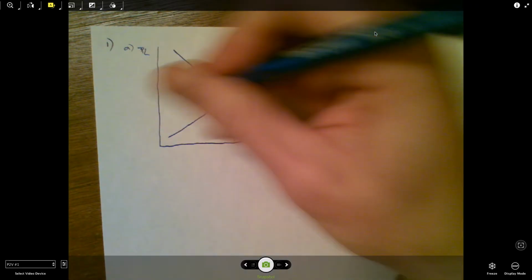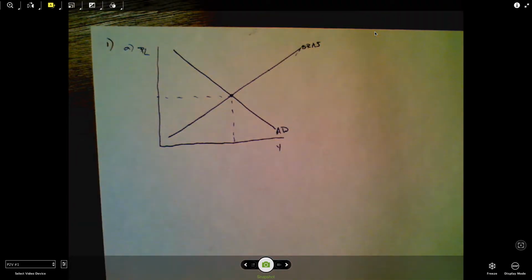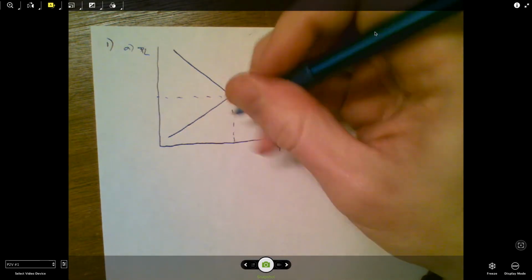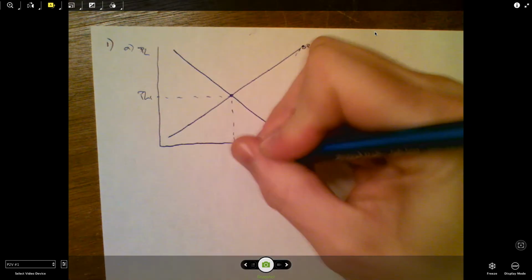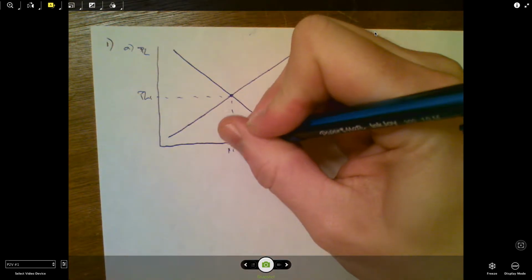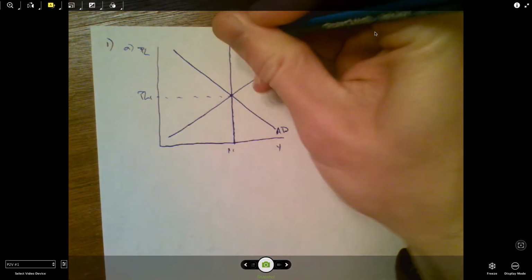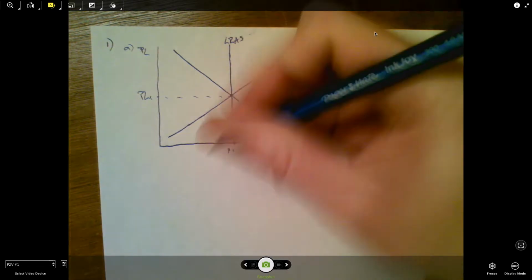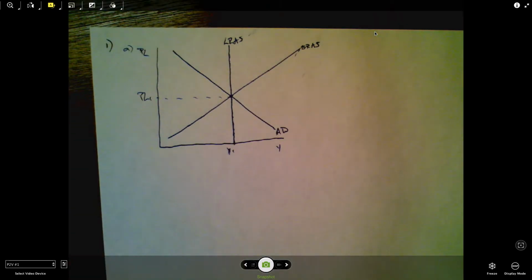Here is our equilibrium. We got PL1 and Y1, and this is full employment. So our long run aggregate supply curve goes right through that equilibrium. And there's your first part.